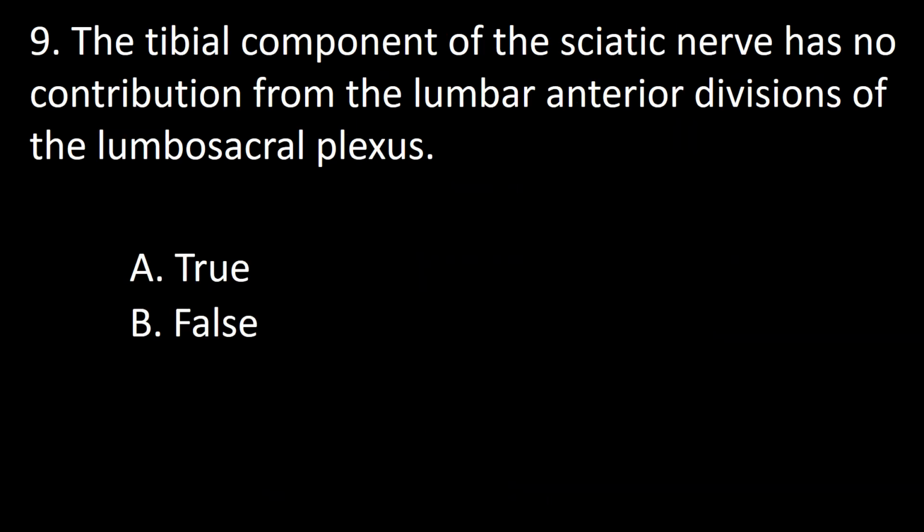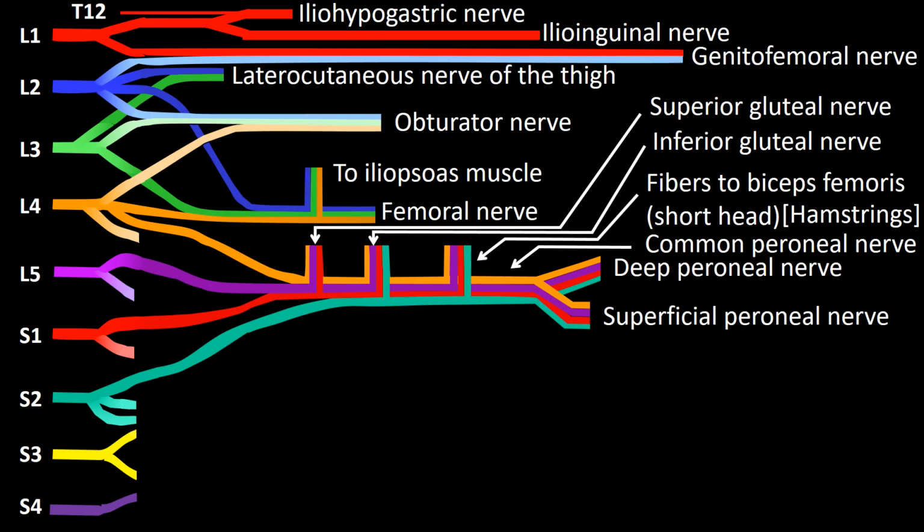Next question. The tibial component of the sciatic nerve has no contribution from the lumbar anterior divisions of the lumbosacral plexus. A. True, B. False. I am going back to the chart to emphasize that the fibers from the posterior division of L4, L5, S1, and S2 contribute to the formation of the peroneal component of the sciatic nerve.